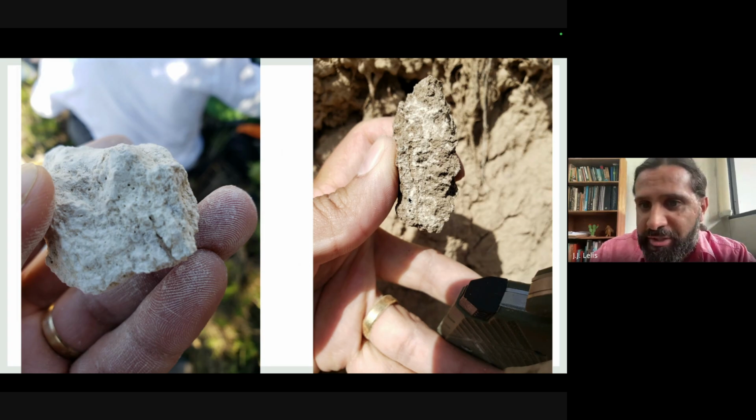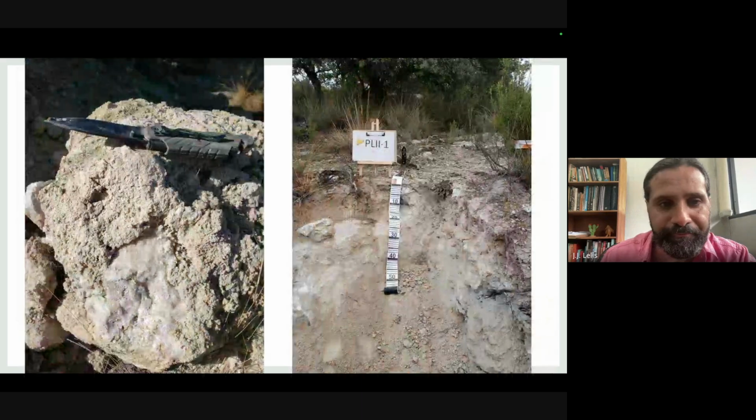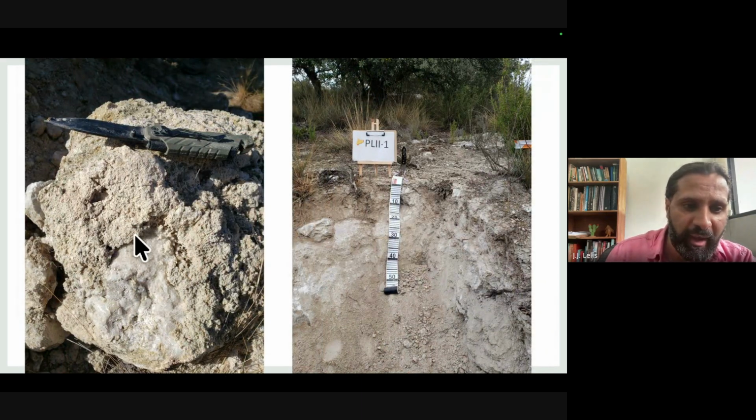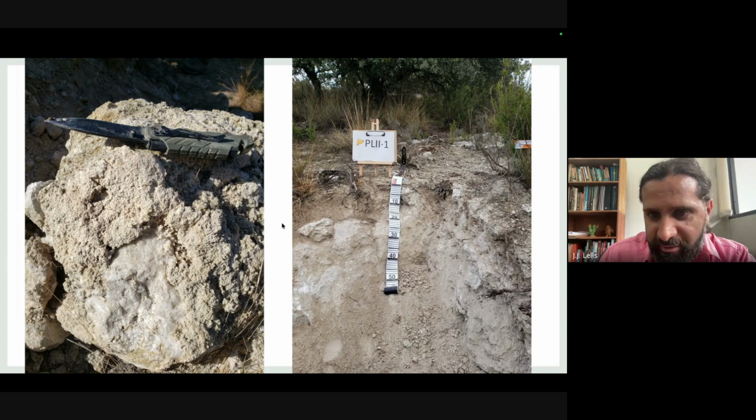If you have a reaction, maybe you have both. Maybe you have calcium carbonate and gypsum. Okay. Here you have some pieces of petrogypsic horizons. Okay, so here you can see very easily the cementation, here the cementation by gypsum.